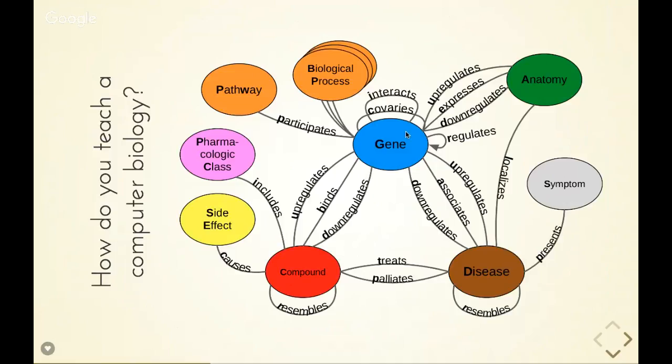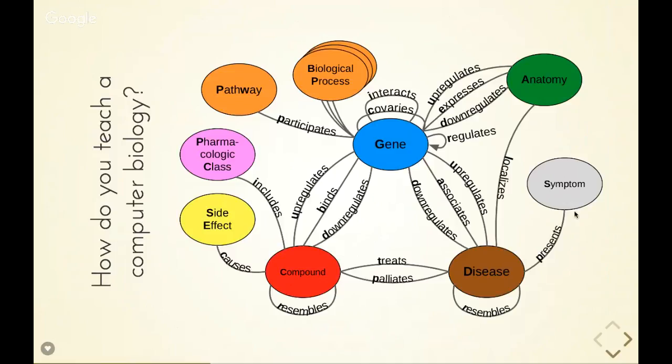So for people who don't really know biology, this may be a little bit intimidating, but don't worry. Just think about this as a network with many different types of biomedical entities and connections between them. It's also cool that we were able to connect information across many different scales. So for example, genes are molecular. They exist inside a cell, at the cellular molecular level. Whereas here we have the side effects caused by different compounds or drugs, and that's really something that's experienced at the organismal or tissue or organ level.